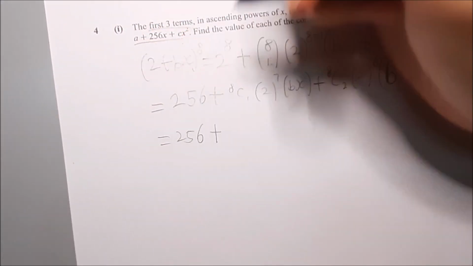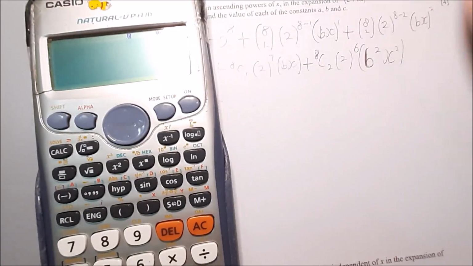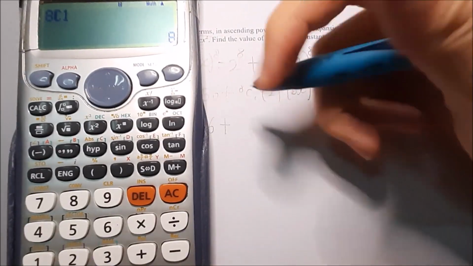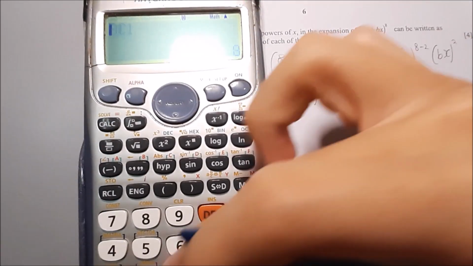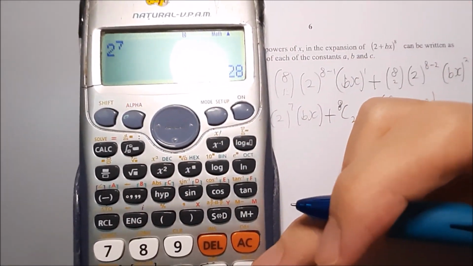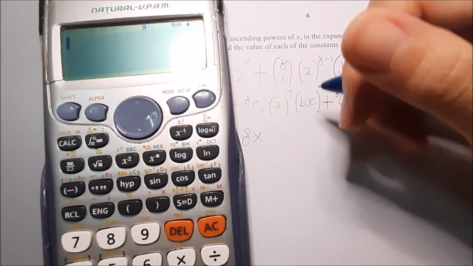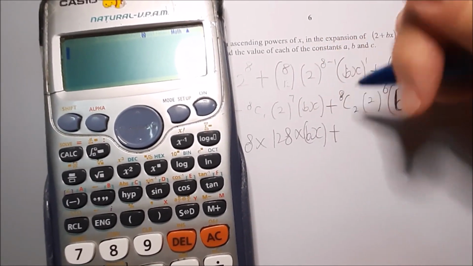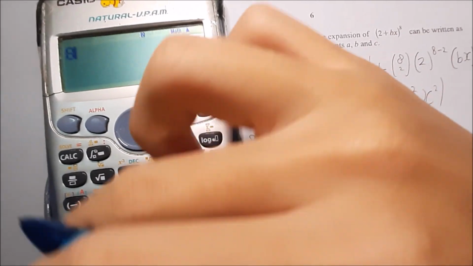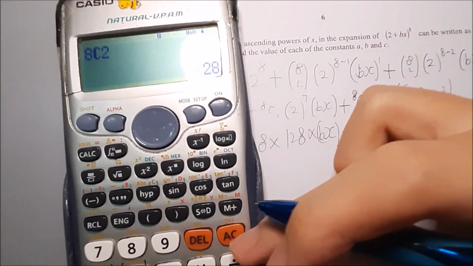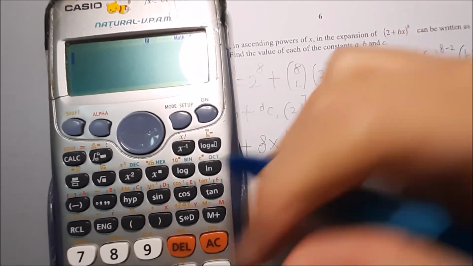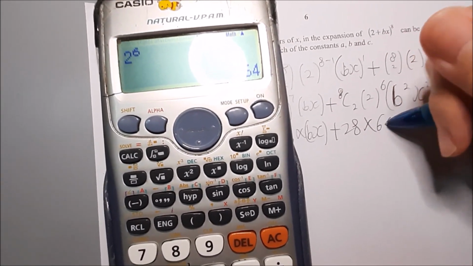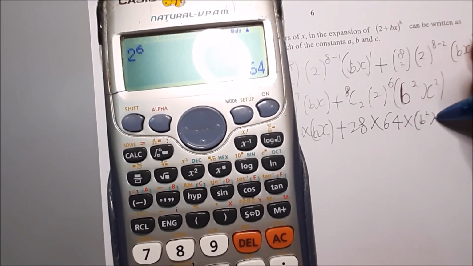And from here you simplify further, so 8C1 is equal to 8 times 2 to the power of 7, which is 128, times bx, plus 8C2, which is 28, times 2 to the power of 6, which is 64, times b squared x squared.